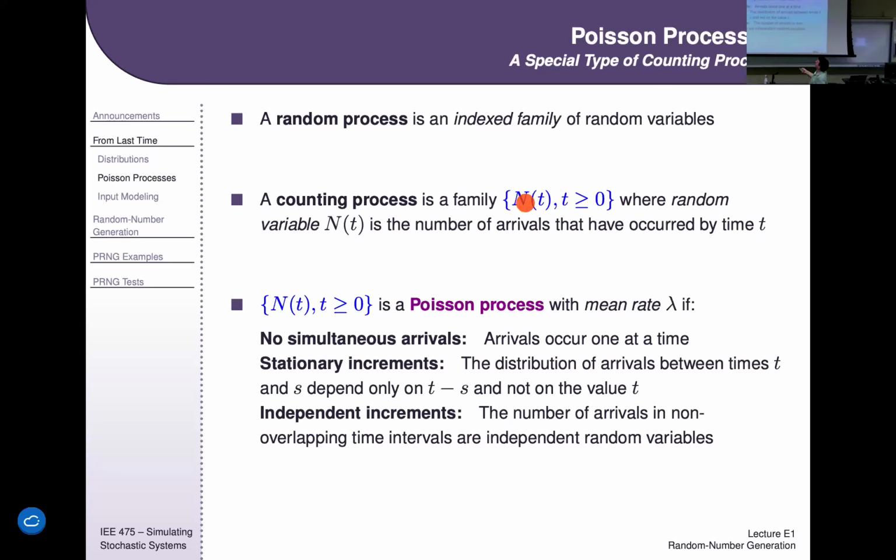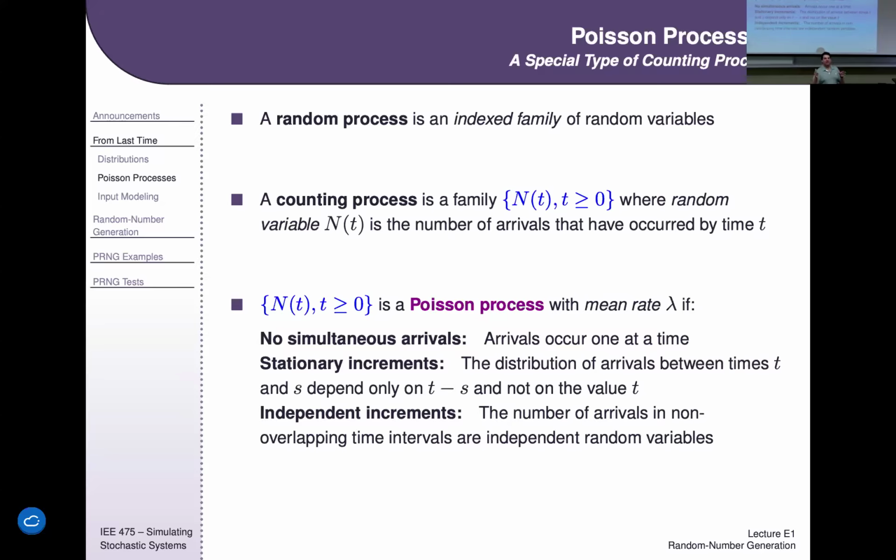So you could say each one of these n random variables here, so N(t) for some t, we could say, well, that represents the count of, say, events that have occurred up to time t. But a counting process collects all of those together. So it doesn't just tell you that, like, well, for this hour, what's the count of failures that have occurred? It then collects all those together to say, for any time you give me, I can give you the random variable representing how many failures have occurred up to that time.